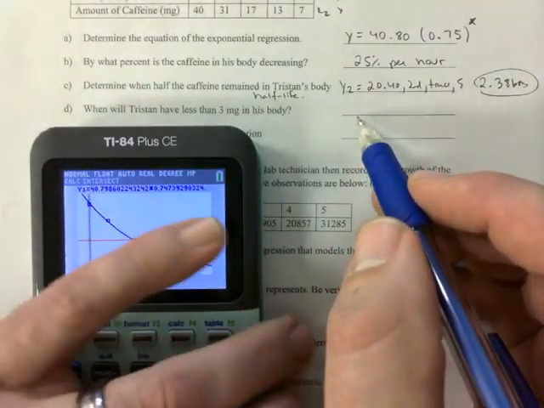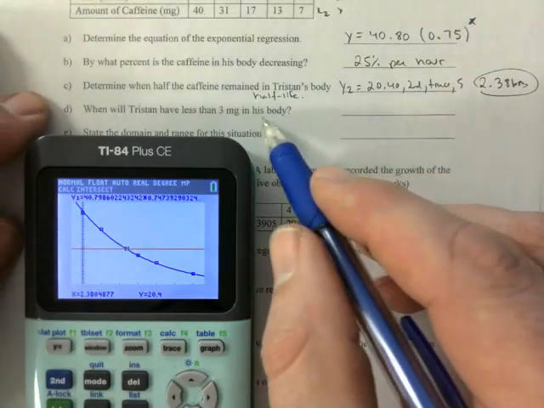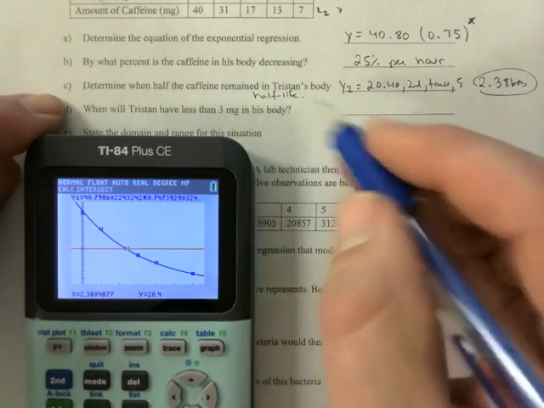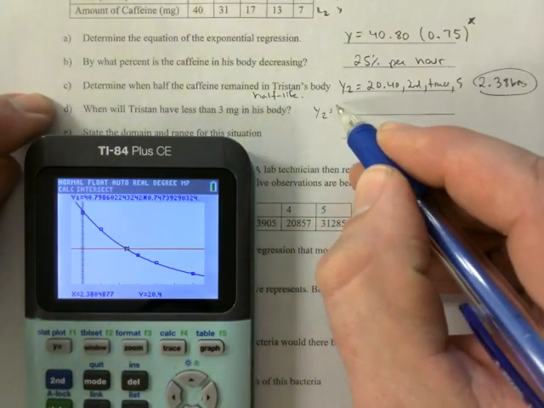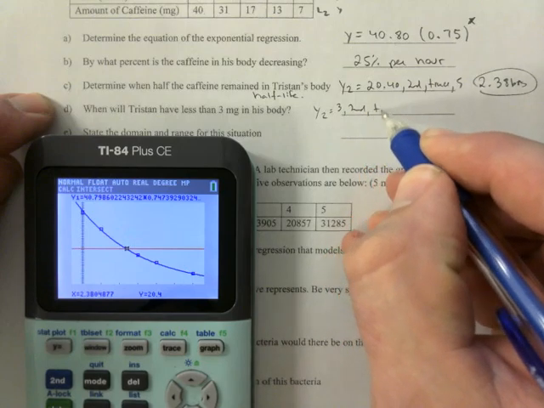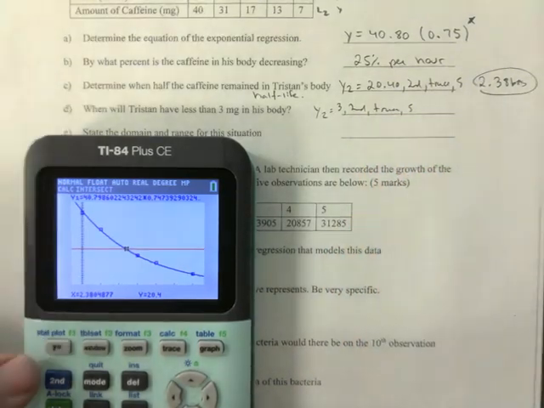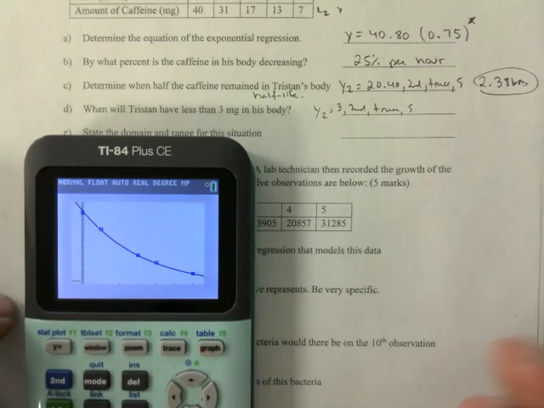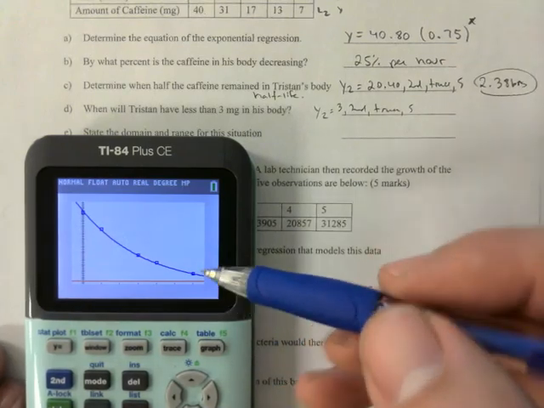Okay. When will Tristan have less than 3 milligrams in his body? So caffeine, right? So we have to let y2 equal 3 and go second, trace, 5 on that one. And obviously your times are all going to be different. Here's a window problem, right?